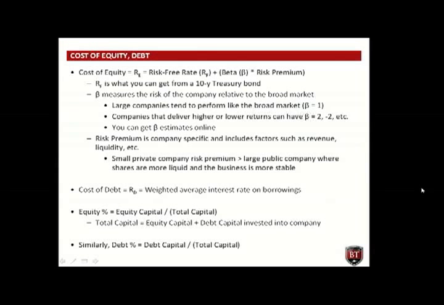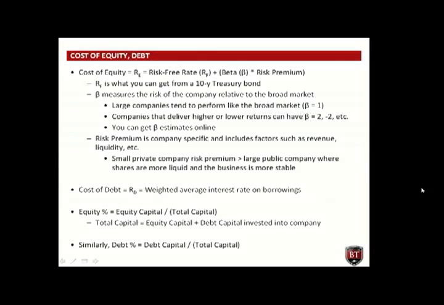On the flip side, you may have a company that reacts opposite to the market. So if the market goes up 10%, this company might go down 20%. So in that case, it would have a beta of -2. And betas are calculated by companies that observe market movements over long periods of time, track individual stock performances relative to the market, and come up with an average beta.